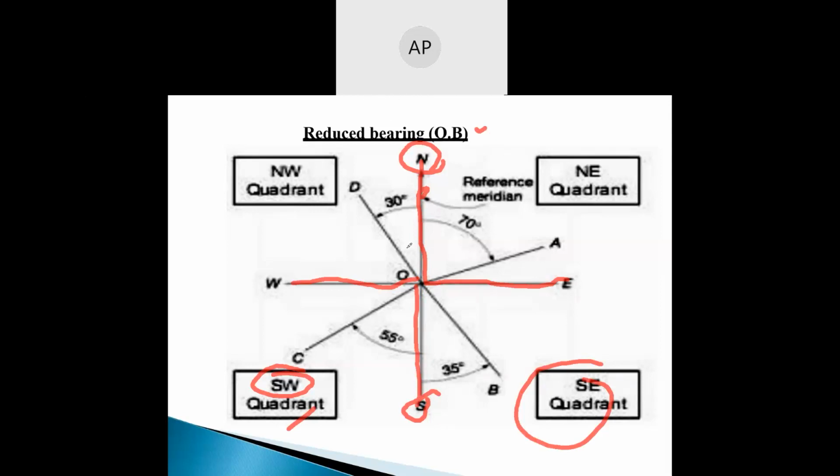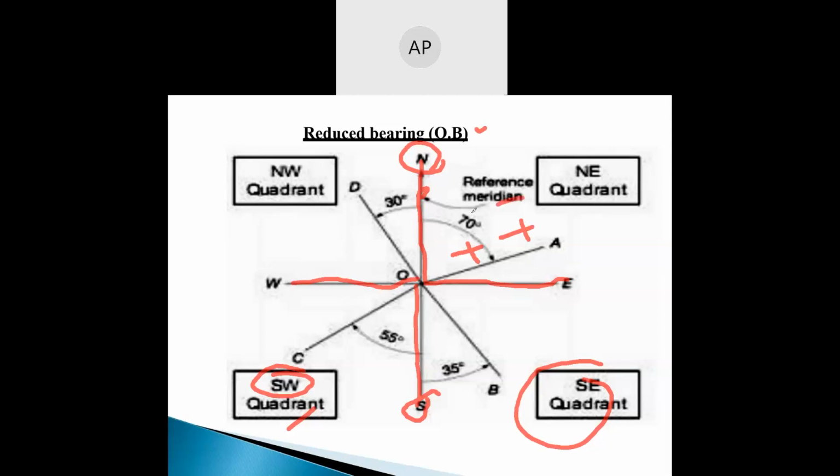I think you are very familiar with these quadrants, isn't it? In trigonometric problems, you already know the quadrants. Here it is plus plus. Here in the north west quadrant, what will be the sign? Can you tell me? Minus plus.